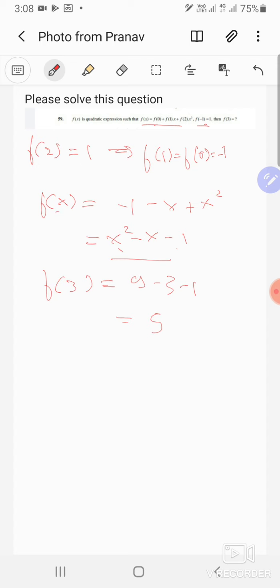Let's put x equals 0. That gives me negative 1. If you put x equal to 2, that will be 4 minus 2, which is 2, minus 1 is 1, and f of 1 is also negative 1. So yes, that's completely correct. So f of 3 equals 5.